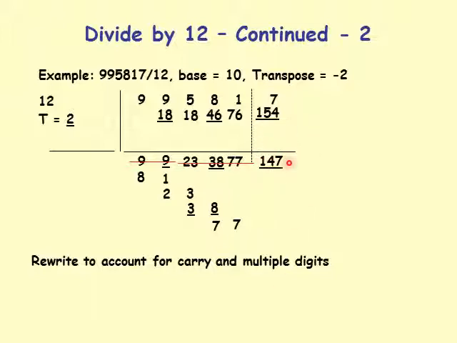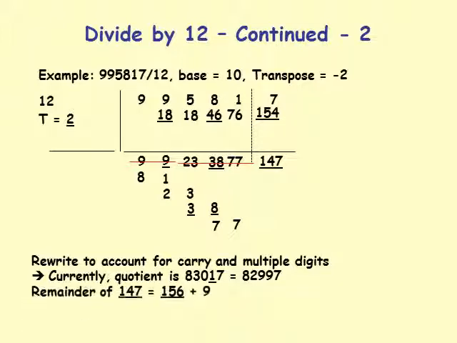So we have 82997 in the quotient. We still have a large negative value in the remainder, 147. Negative 147 is equal to negative 156 plus 9. So the quotient fractional value is negative 147 divided by 12, which is equal to negative 156 divided by 12 plus 9 divided by 12.